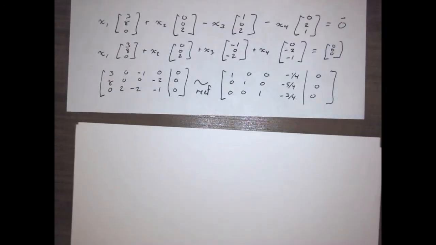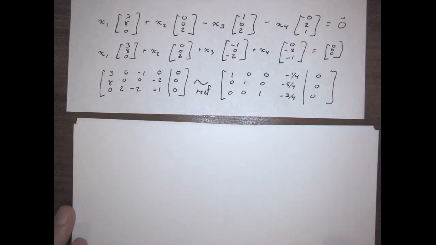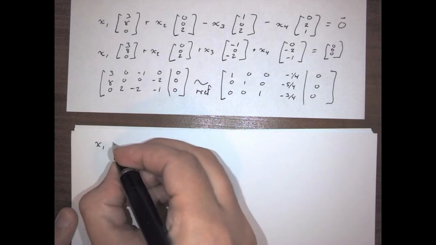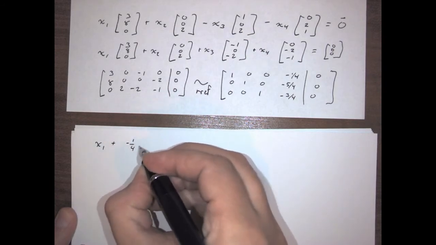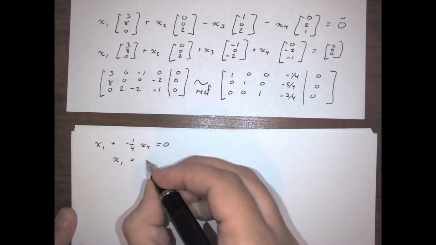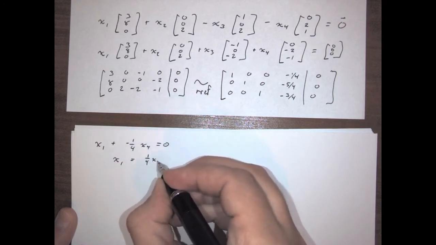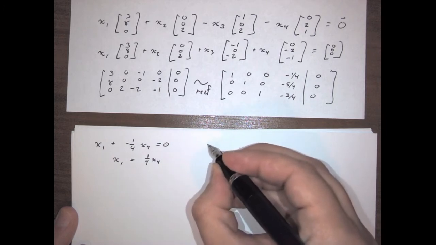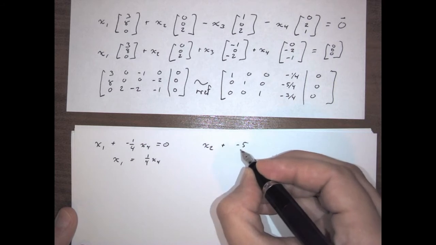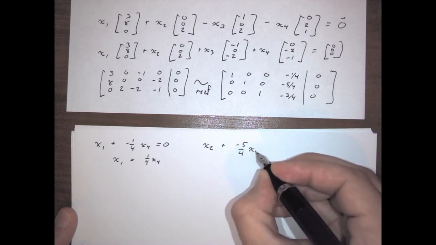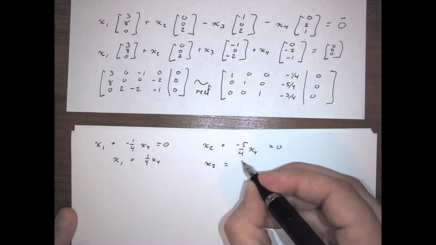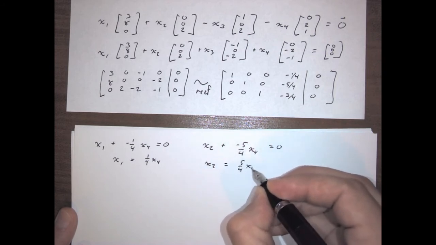is that we've got one free variable on the x4, and that means x1 plus -1/4 x4 equals 0, which means x1 equals 1/4 x4. Over here, x2 plus -5/4 x4 equals 0, which means x2 is equal to 5/4 x4.